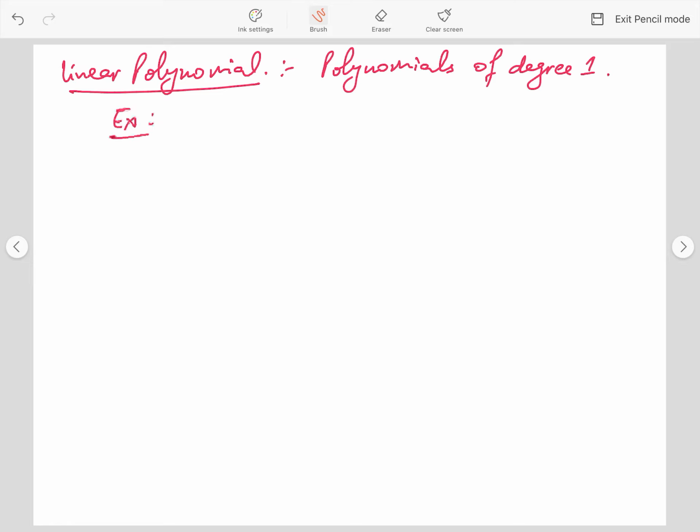Now see some examples: y minus 2, a plus 4, x plus 10. All these are having degree 1, highest power is 1. Then next is quadratic polynomial.